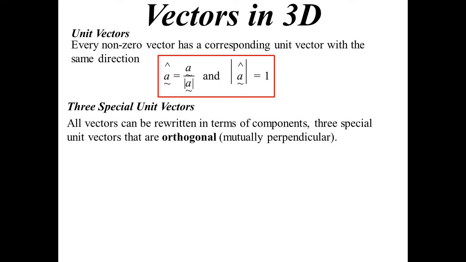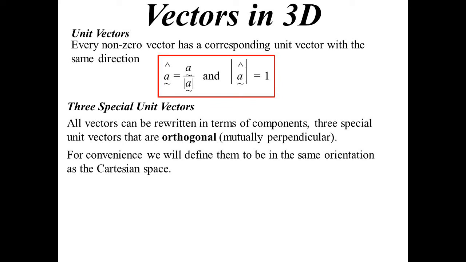That basically just means mutually perpendicular. So each one of them is perpendicular to the other 2. Well, we've got something that does that, and that's the Cartesian space, because the x-axis and the y-axis and the z-axis are all perpendicular to each other. So it's convenient to use that when we're resolving vectors.